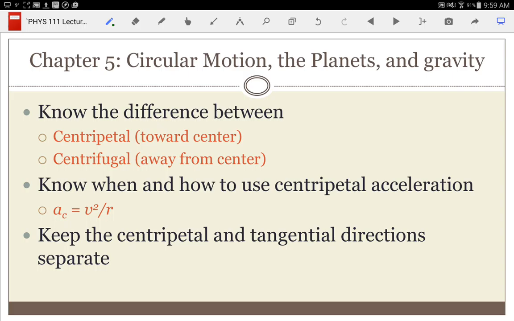And so this explains why you can do things like have a bucket with water in it and swing it around in a circle and have the water not come out. When you are up here, there's the acceleration of gravity that's trying to make the water come down. But you need a downward acceleration of v squared over r just to stay in the bucket.